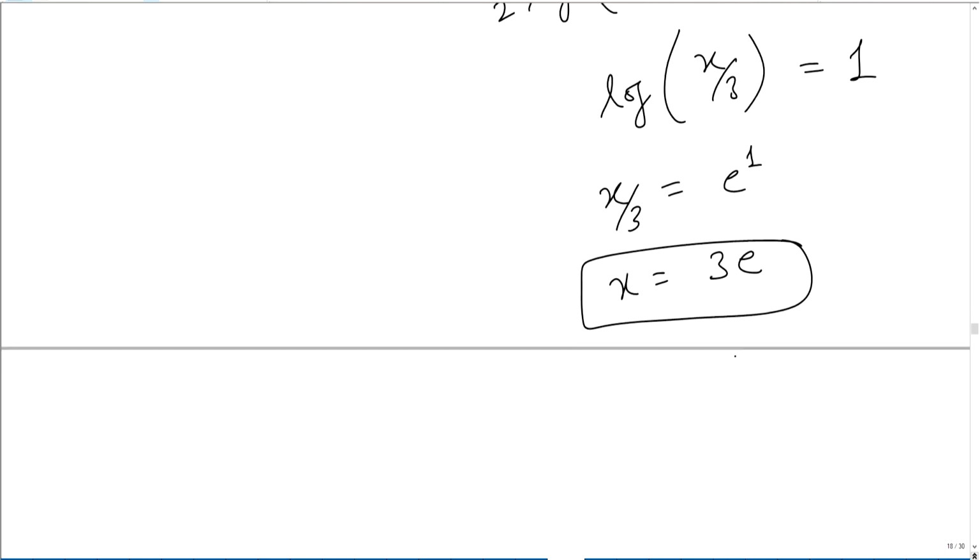Now, in the next lecture, I will give you equations with both logarithmic and exponential functions, and we will see how to solve equations containing them. We will do some more practice, and we will also try to derive some identities based on some basic identities we know about logarithmic and exponential functions.